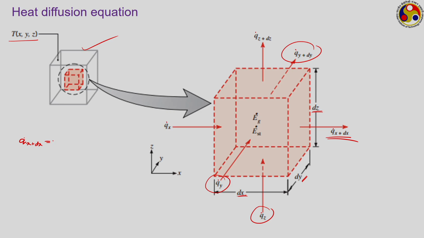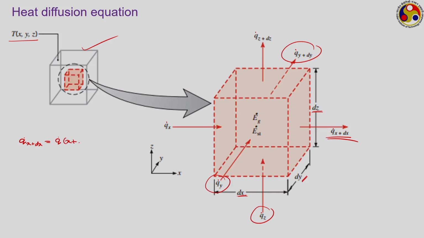Now, that q dot x plus dx, which is leaving to this side, dx being extremely small, we can expand following Taylor series. Let us write it in a conventional functional form, q dot at x plus dx.